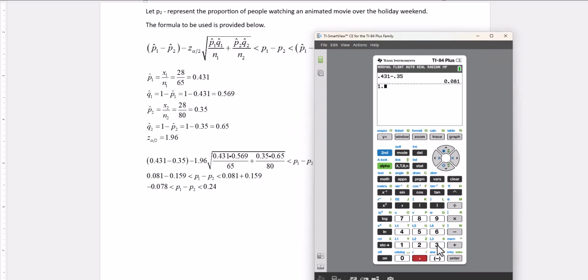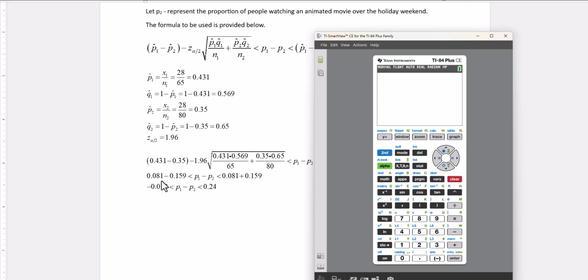We have 1.96 times the square root of 0.431 times 0.569 divided by 65 plus, keep everything in the radical, 0.35 times 0.65 divided by 80. And that's 0.159. I'm rounding to three places.